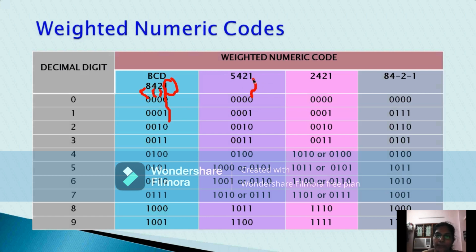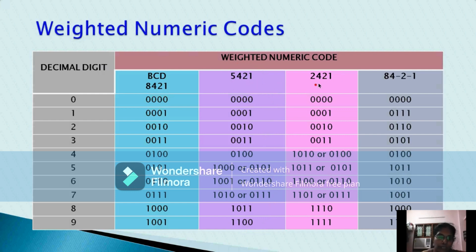Now you take 5, 4, 2, 1. For the first position the weight value is 1, for the second 2, for the next one 4, like that. Based on this representation, we can derive its equivalent pattern or code.